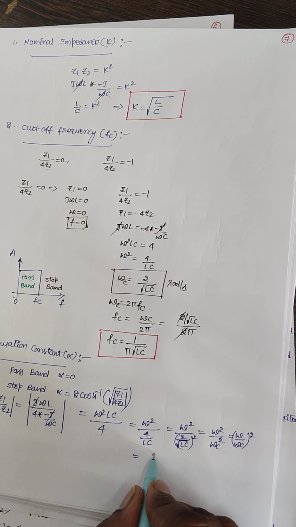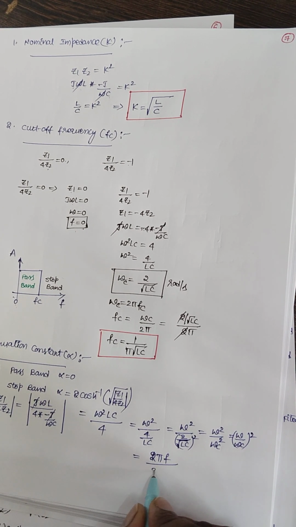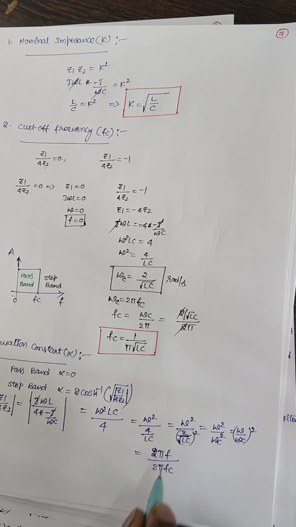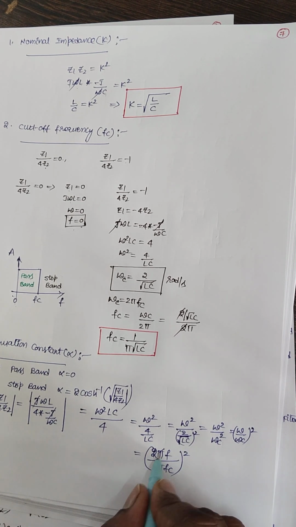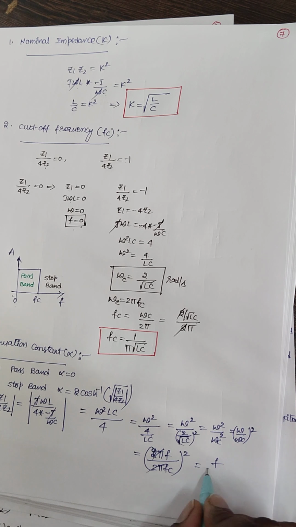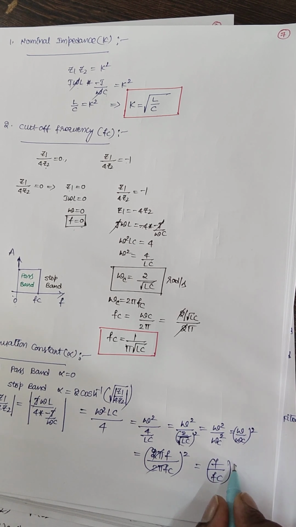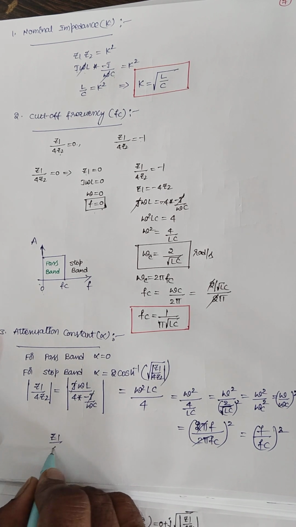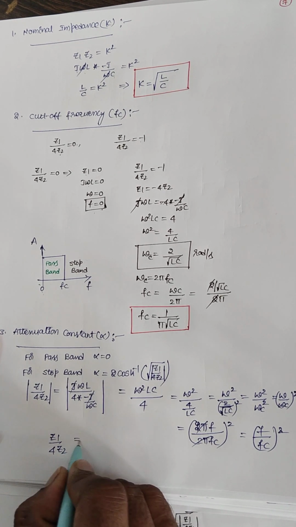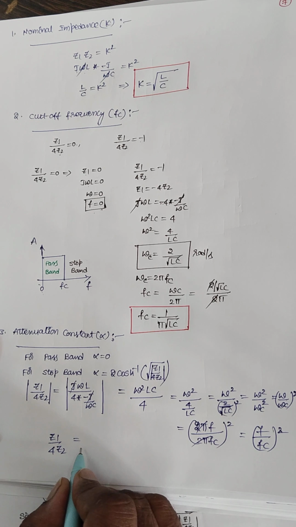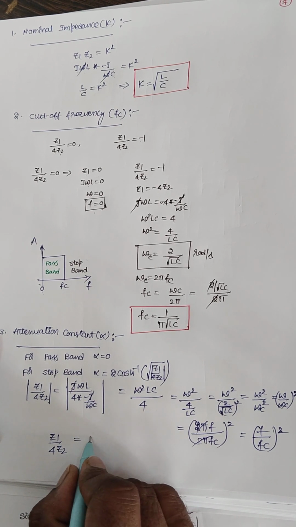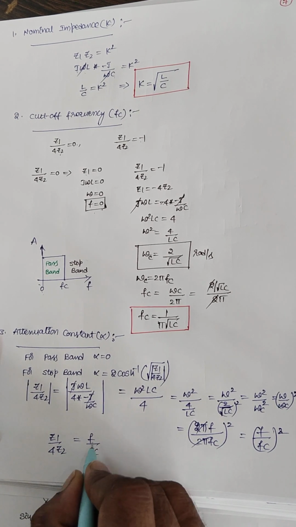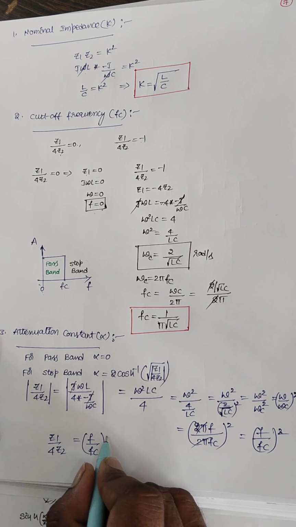Or I can also write it as 2 pi f divided by 2 pi fc whole square. The 2 pi will get cancelled, so that is f divided by fc whole square. So this z1 by 4 z2 value is f by fc whole square, or omega by omega c whole square.